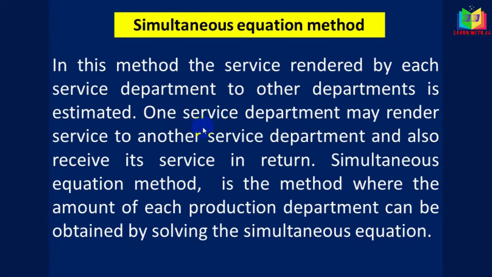The total overheads of one service department is considered as X and the other service department as Y, and the simultaneous equations are solved for the values of X and Y. Based on those values, the overhead of each service department is directly transferred to the production departments. Let's see the problem, then you'll come to know what this simultaneous equation method is.